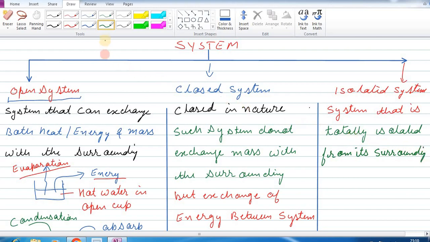Totally isolated from its surrounding means the system is unable to exchange heat and mass with the surrounding.